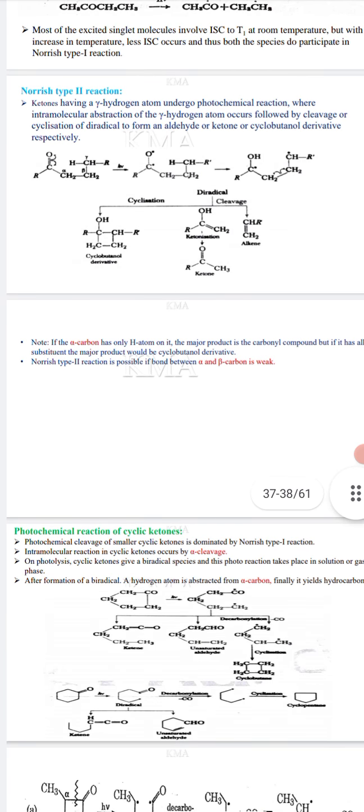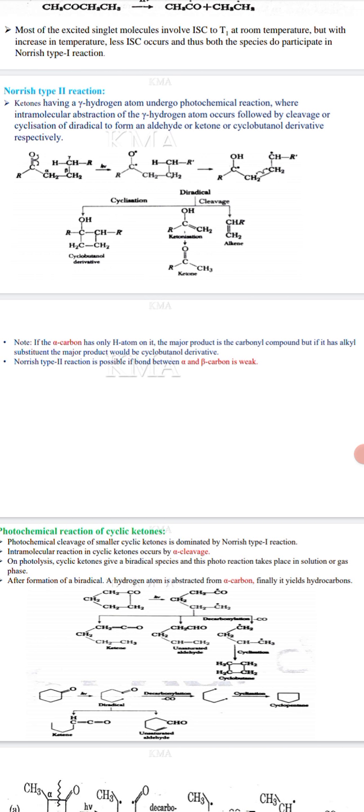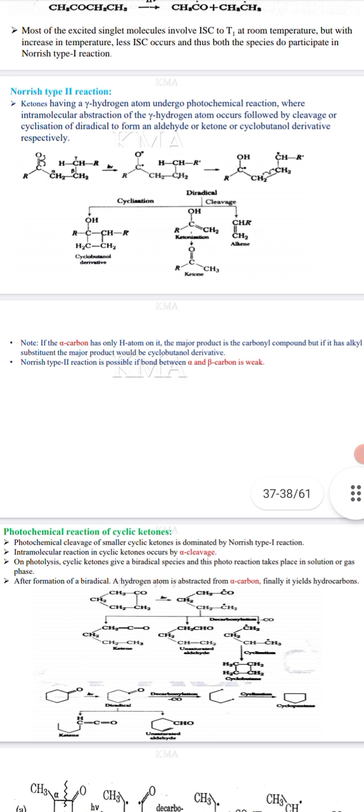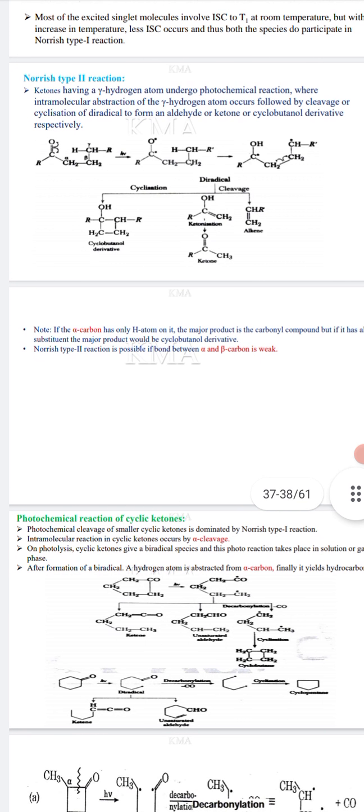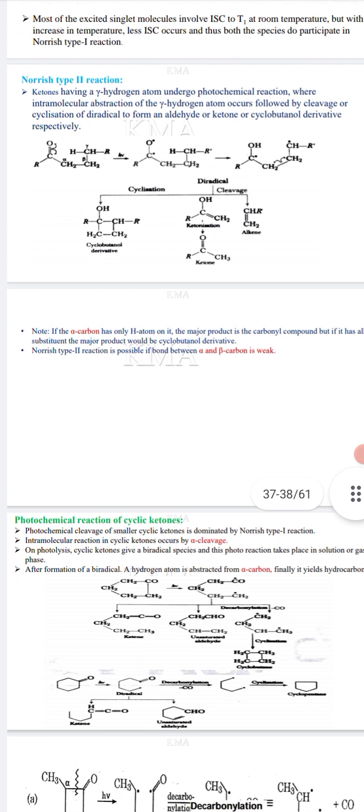If the alpha carbon atom has only one hydrogen atom on it, the major product is the carbonyl compound. But if it has an alkyl substituent, the major product would be a cyclobutanol derivative. Norrish type 2 reaction is possible if the bond between alpha and beta carbon is weak.